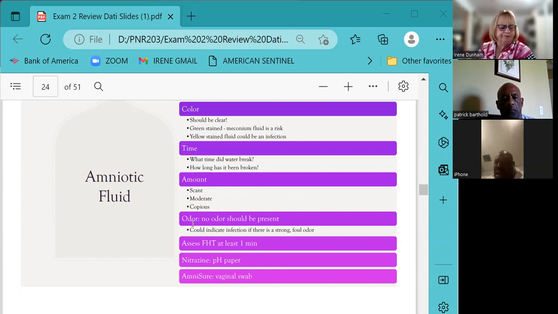Now, it's never good, but we can label her with meconium. And we're going to have her on the monitor and keep an eye on baby and make sure that his fetal heart rate stays normal.